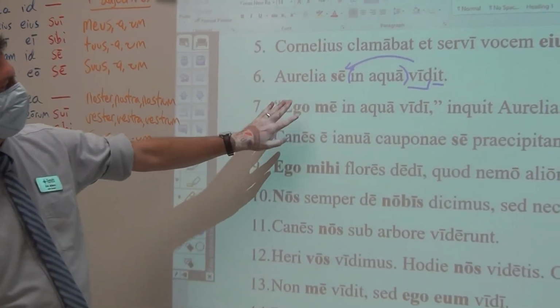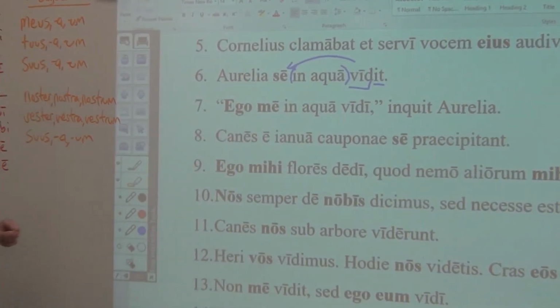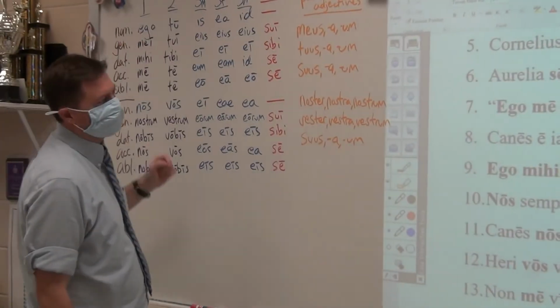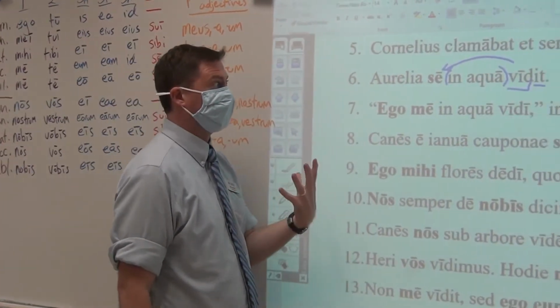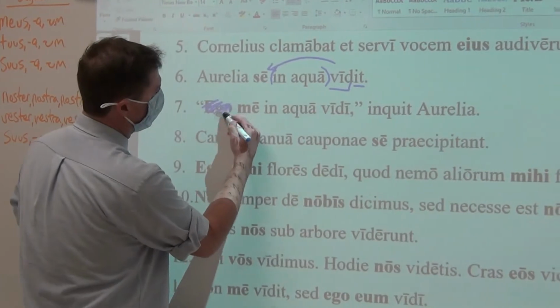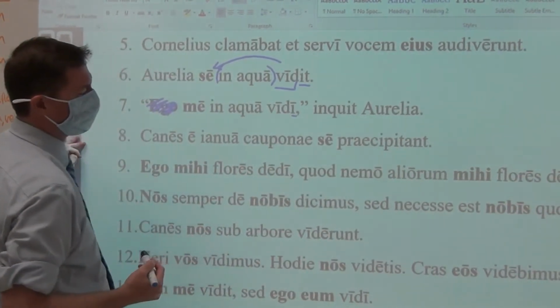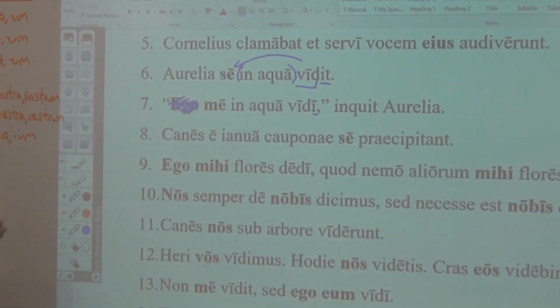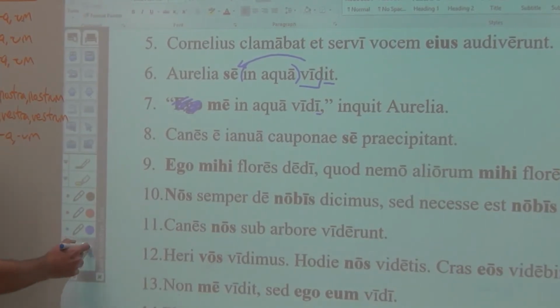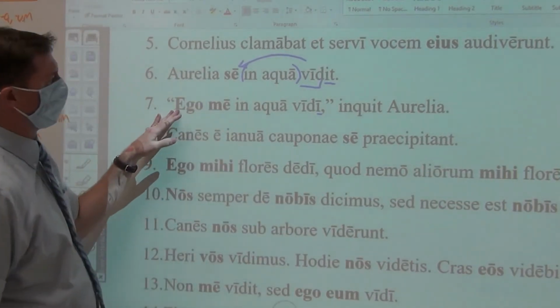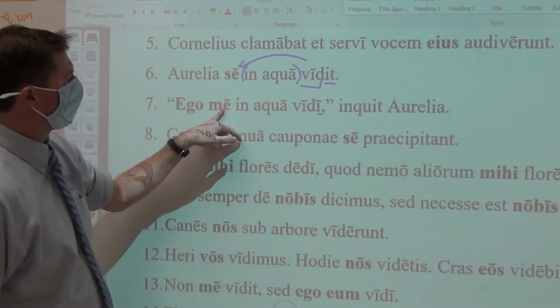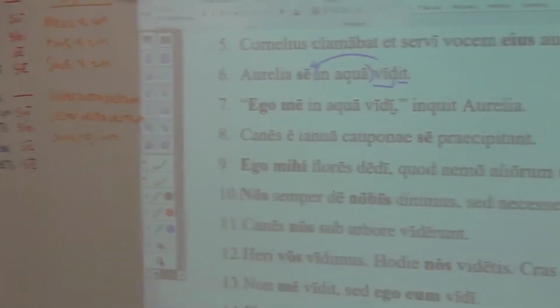Number 7, ego is unnecessary. Whenever you have it, it just is going to emphasize I. Because when we look at our verb, vidi, it ends with an i, perfect ending, and it tells us the subject. So when you have ego there, it is just merely emphasizing. I saw. Now me is accusative, it's the direct object.